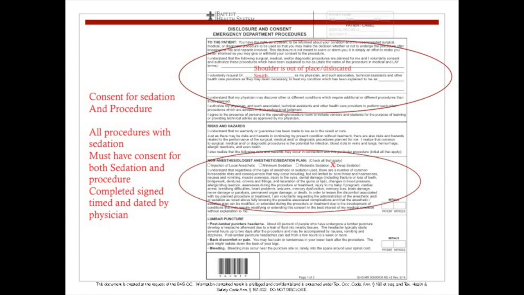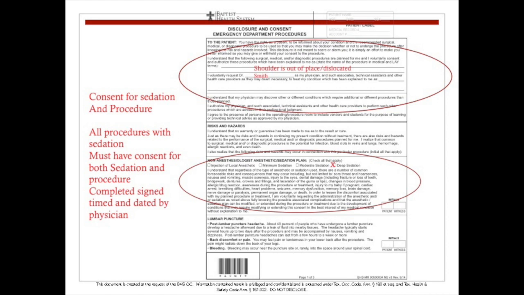One of the first forms is the emergency department procedural sedation consent form. Now you'll have the top part, and this has to be completed by the physician. The first part has the procedure in layman's terms, and then below that it has sedation by a non-anesthesiologist, and the plan can be for deep sedation.